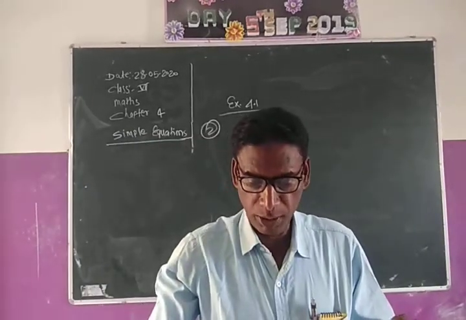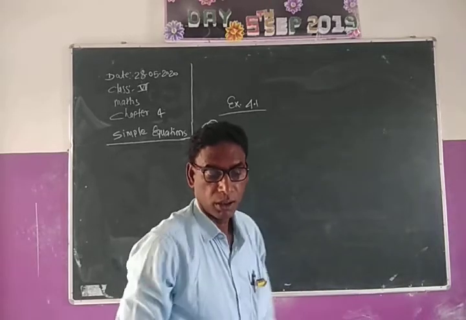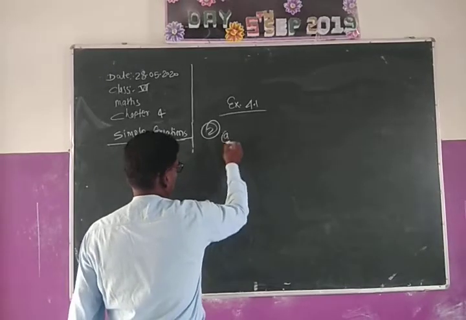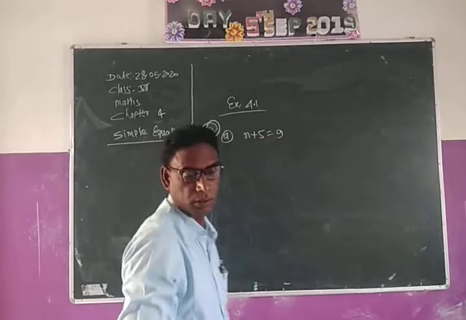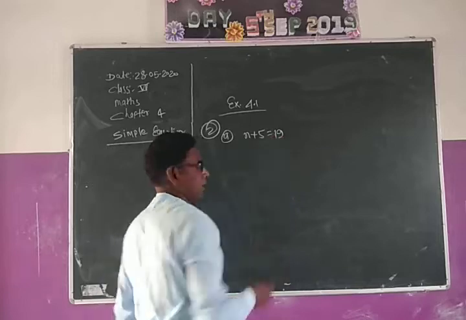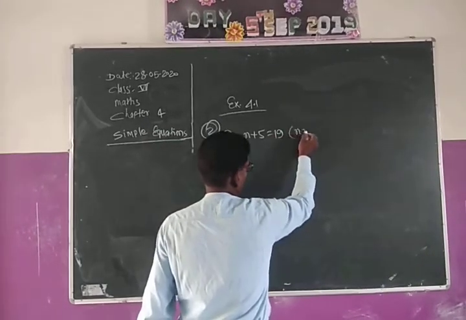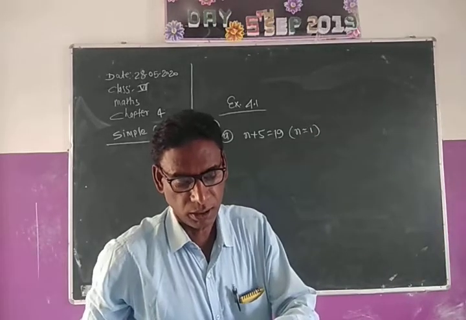Check whether the value given in bracket is a solution to the given equation or not. Same question. n plus 5 is equal to 19, n is equal to 1. That is the first question.